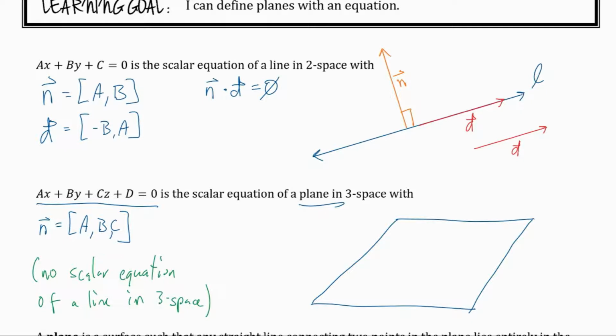So this is how we can do it. There's a plane. The normal of the plane is at a right angle, okay? It's orthogonal, or it's perpendicular to every direction vector that is parallel to the plane.